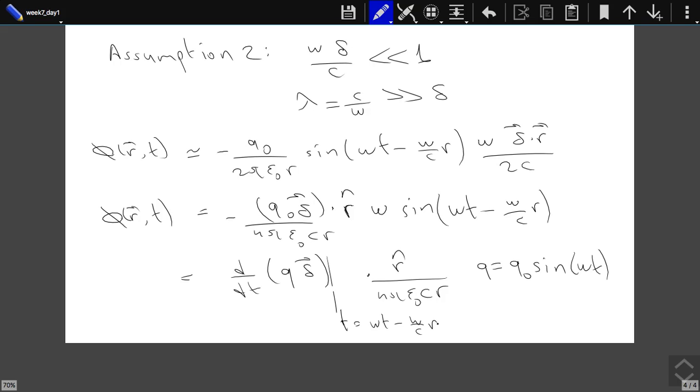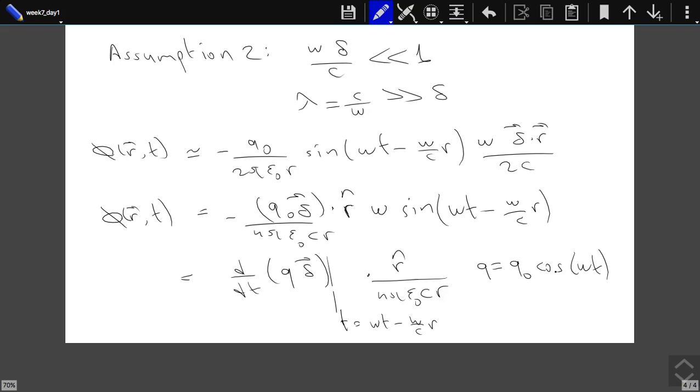If you take the time derivative of q times delta, the q we had assumed had the sine dependence, right? If you take the derivative with respect to t, you get minus cosine omega t times omega times q0. You have the omega q0 and the cosine.